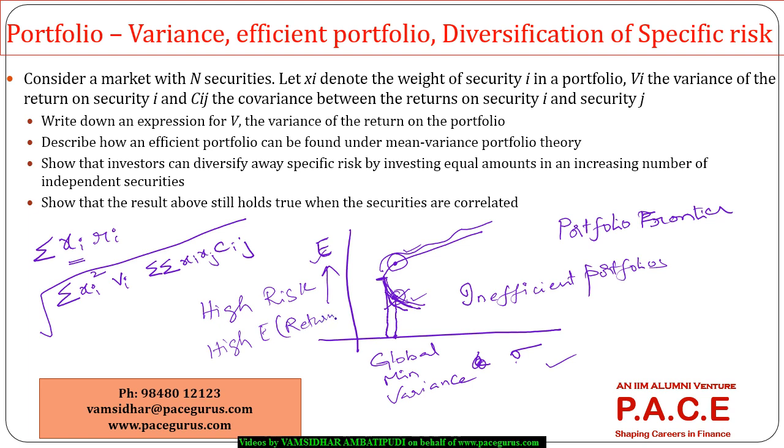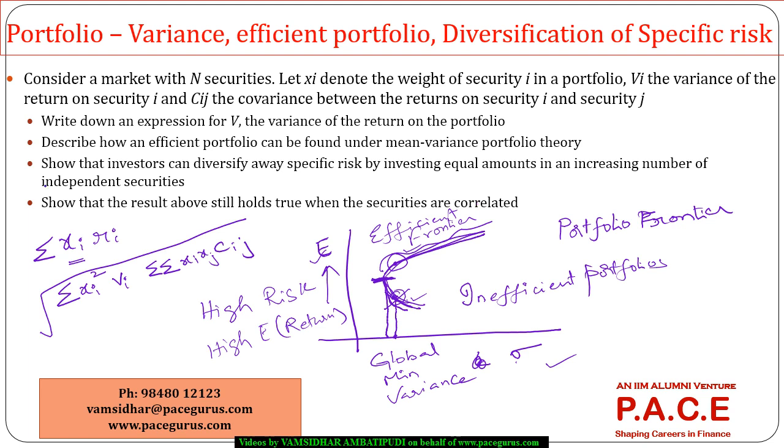This portion of the curve above the global minimum variance portfolio is what we typically call the efficient frontier. All the portfolios lying on that efficient frontier are considered efficient. That's the important fundamental we need to be aware of.